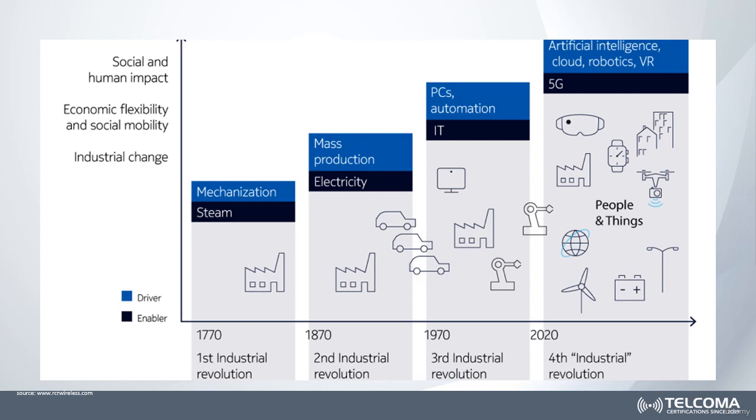Communication service providers and enterprises are moving towards virtualization and software-defined networking, which are concepts we will explain later. And those concepts will help to integrate the cloud and its associated technology into their network.